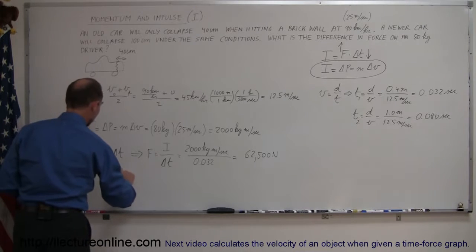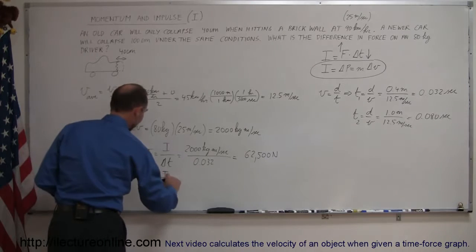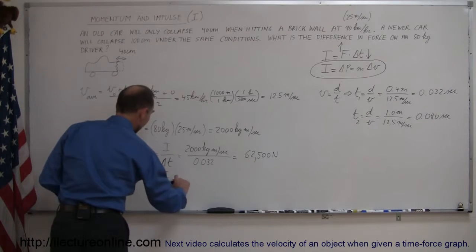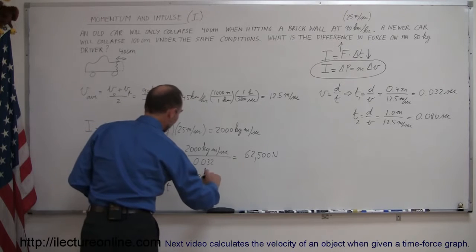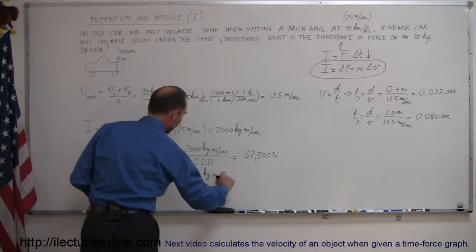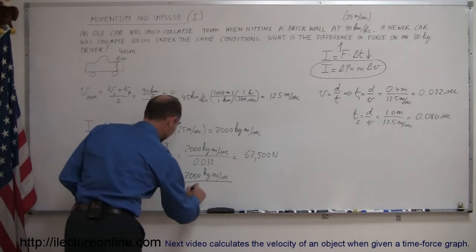If we do the same thing for the newer car, the impulse being the same, force times delta t, solving this for F is equal to I divided by delta t, and plugging those numbers in, we get 2,000 kilogram meters per second divided by, in this case, a whole 80 milliseconds.